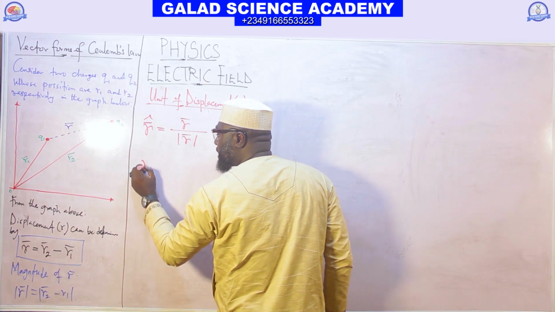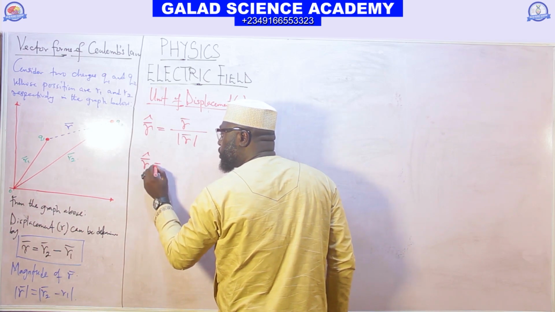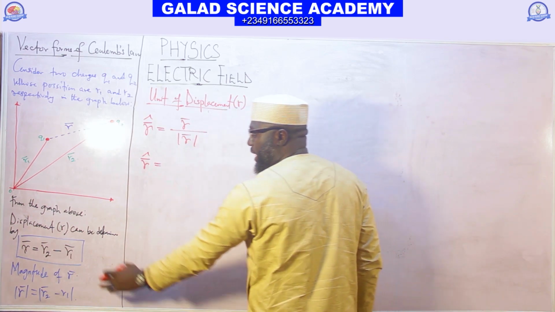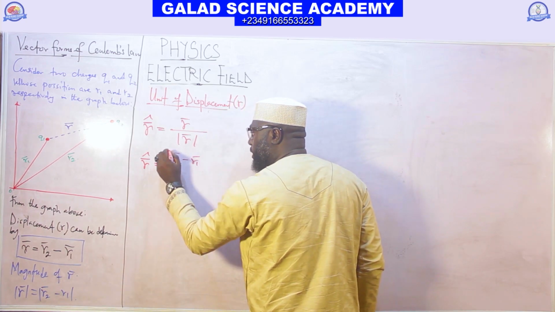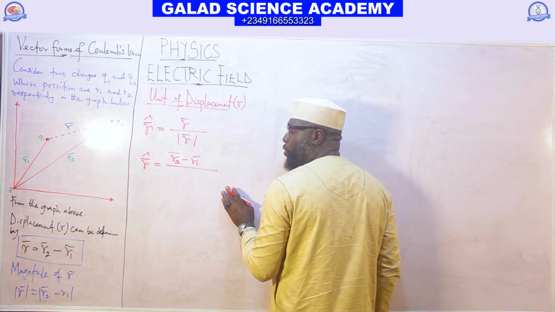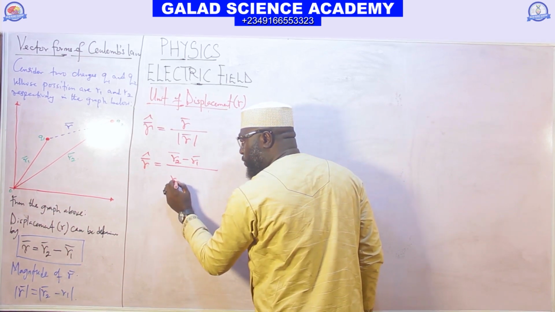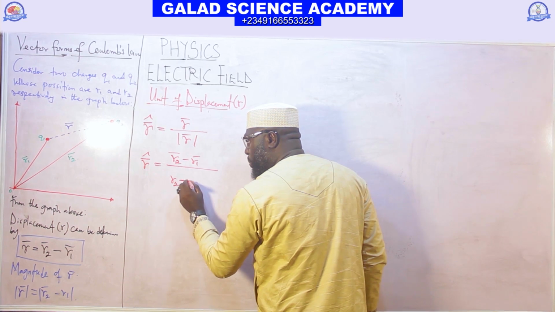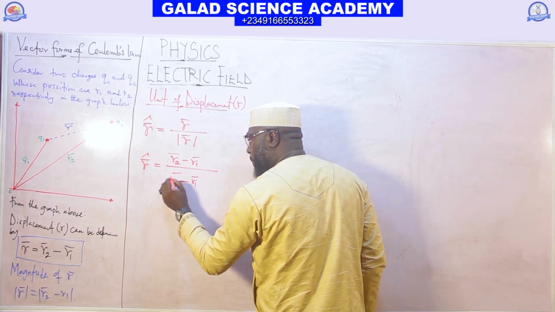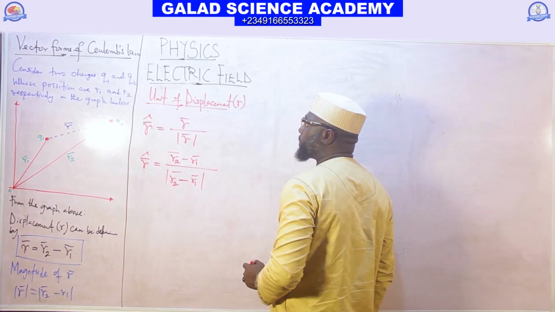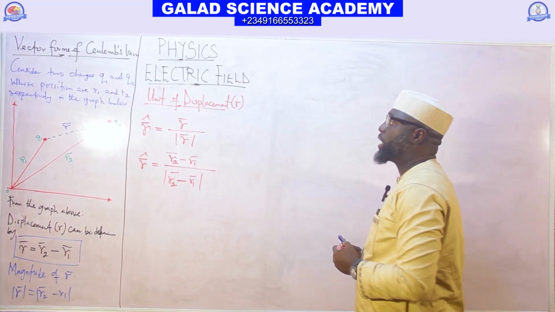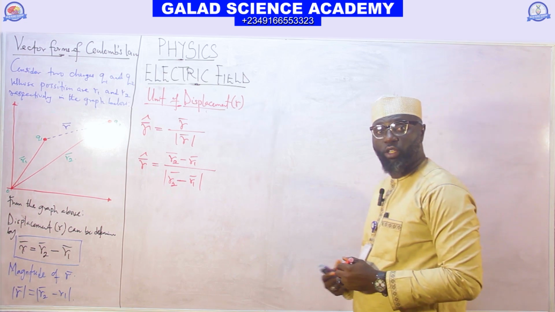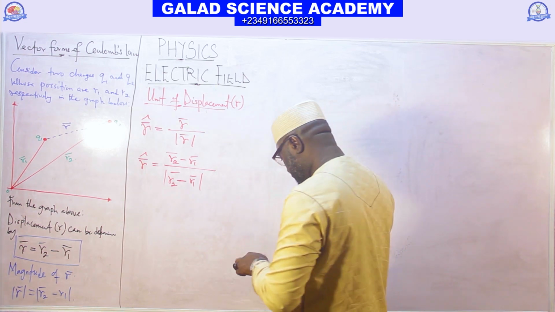Or we can write it in this form: R2 minus R1 over the magnitude of R2 minus R1. This is what we call the unit vector of displacement.